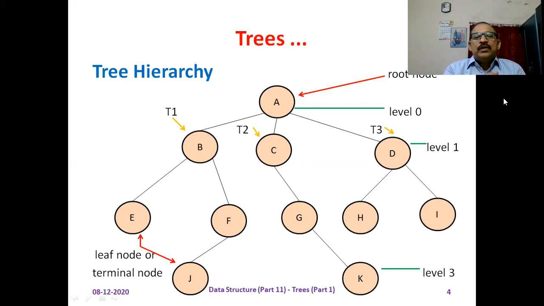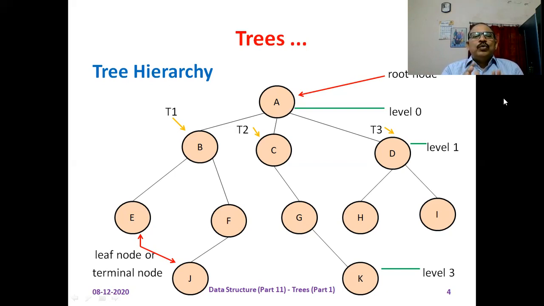Before this, I want to say what is a leaf node. A node of the tree which does not have any child is called a leaf node. Here you can see E, J, K, H, and I. These are the leaf nodes. And these are also called the terminal nodes or the external nodes.